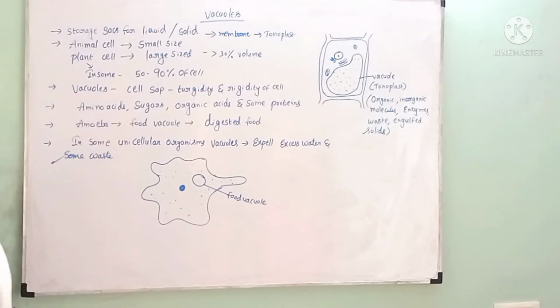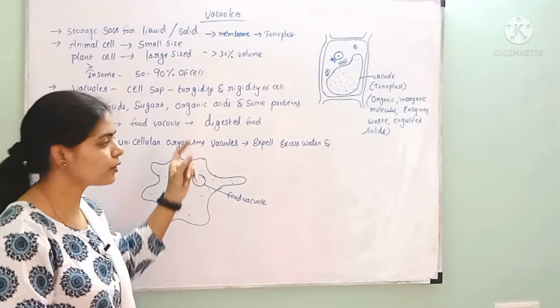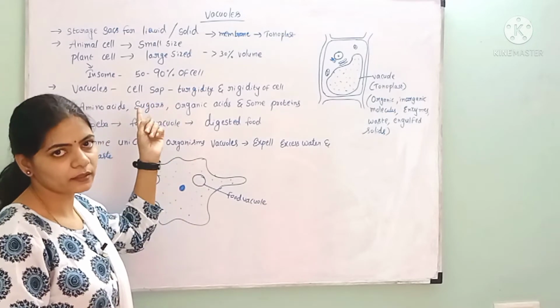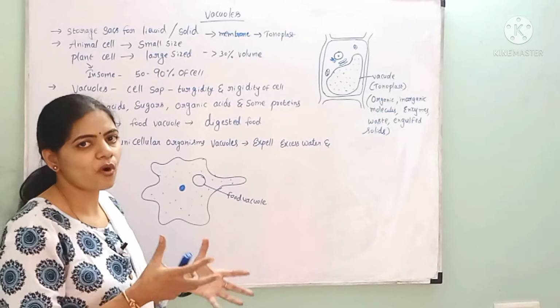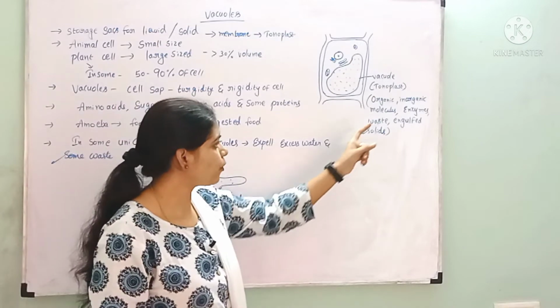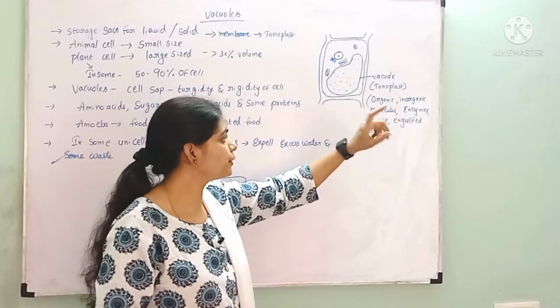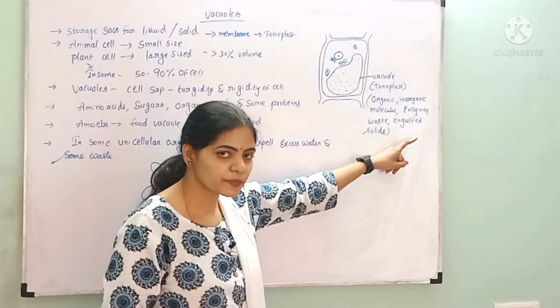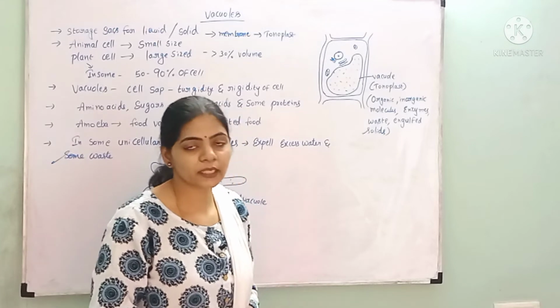These vacuoles are filled with cell sap. What is present inside the vacuole? Cell sap, which is nothing but water, a fluid content. That water consists of organic and inorganic molecules, several enzymes, engulfed solids, and waste materials of the cell.